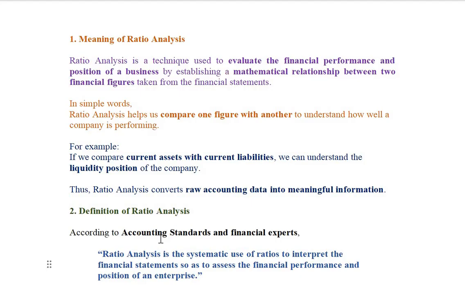So we compare one financial variable with another and see how these two are related, and based on the ratio we can express the performance of the company in various aspects. For example, if we compare current assets with current liabilities, we can say what the liquidity position of the company is.